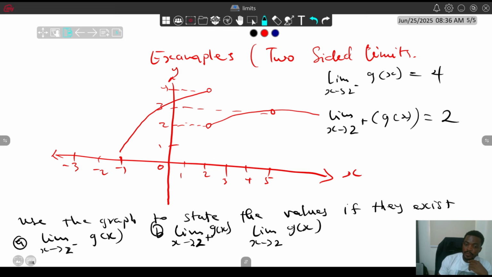Now, the final part. Does the limit of the function exist? The limit as x approaches 2 of g of x.